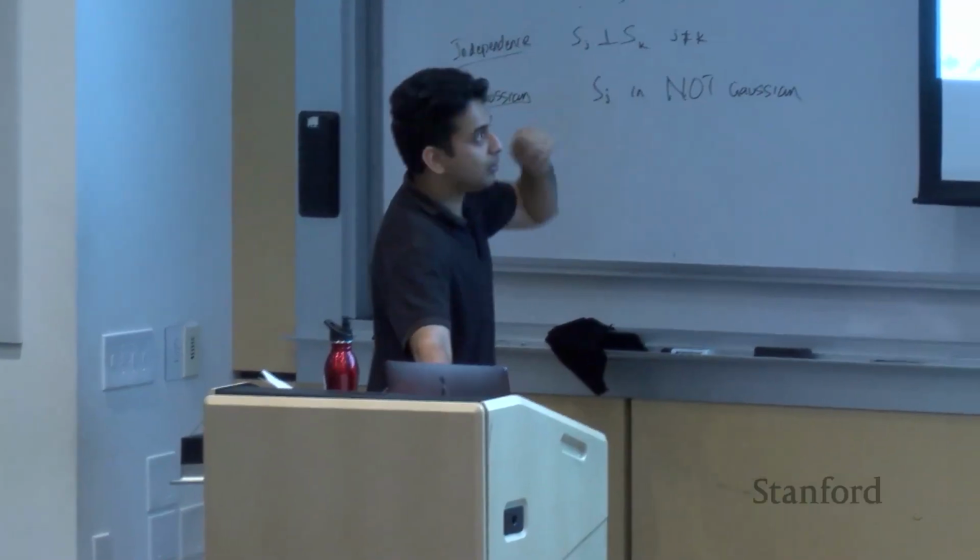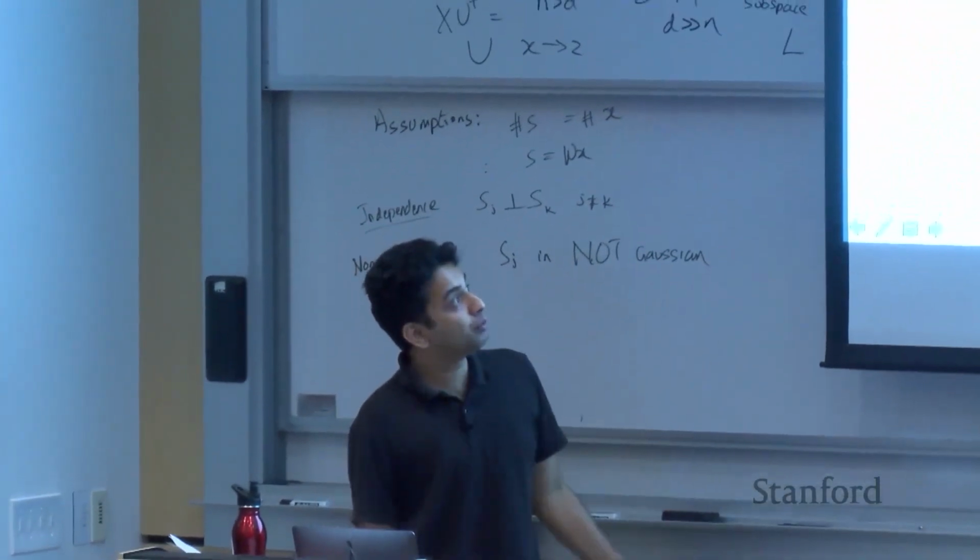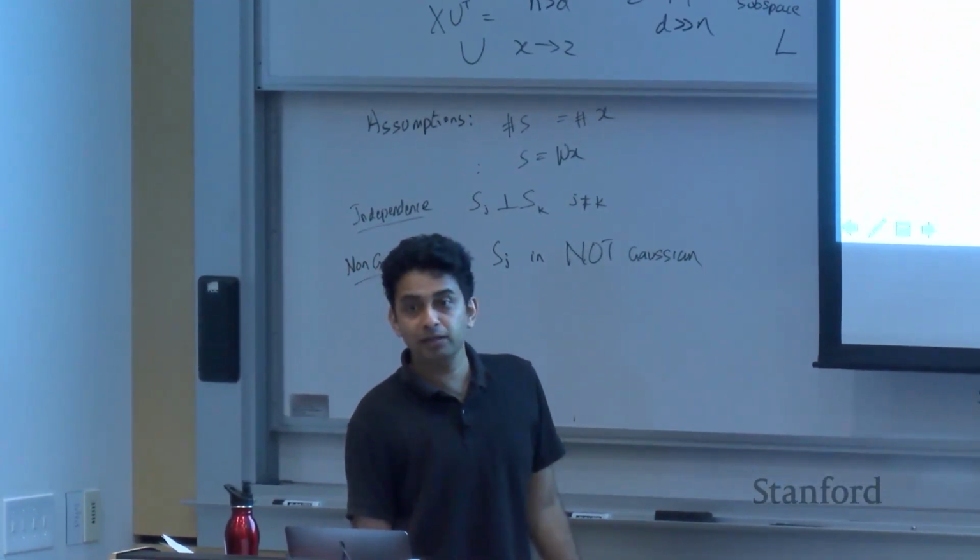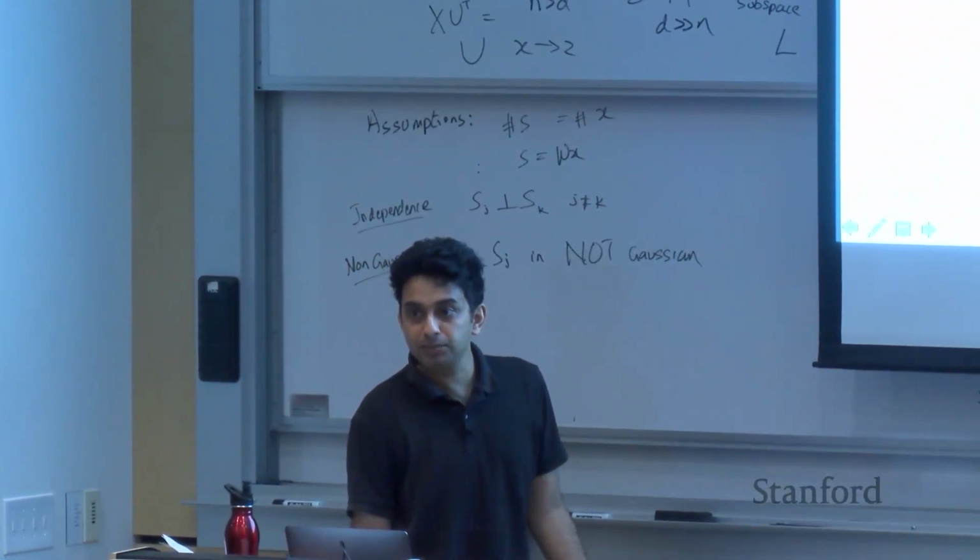So all that was fed to this algorithm was these two mixed clips and nothing else. And by making certain independence assumptions and linearity assumptions, the algorithm was able to recover these separated versions of the two audio clips.